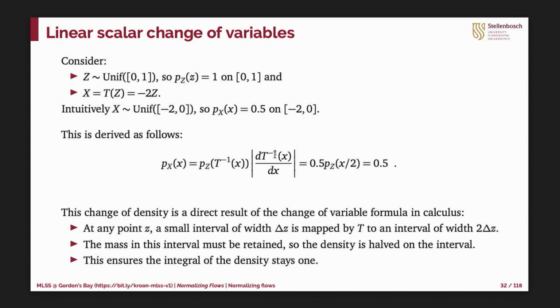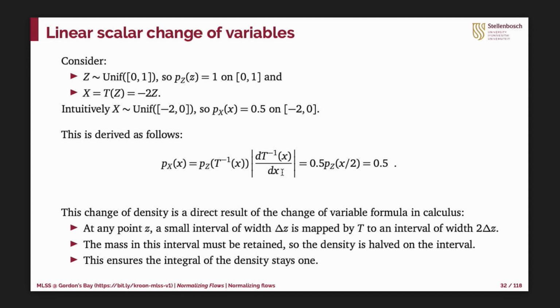So we're taking the derivative of this inverse transformation with respect to x, okay, and we're taking the absolute value because I need the density to stay positive even though I'm multiplying it by minus 2, right? So I don't want the minus to sneak in. So there's an absolute value which is keeping things positive, and there is this derivative which is basically constant in our case. It's always going to be minus a half.